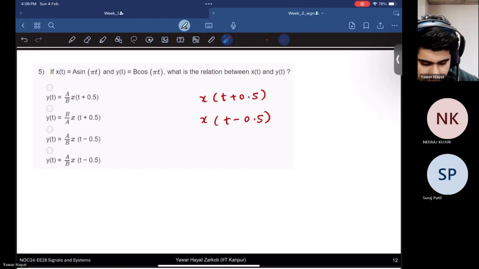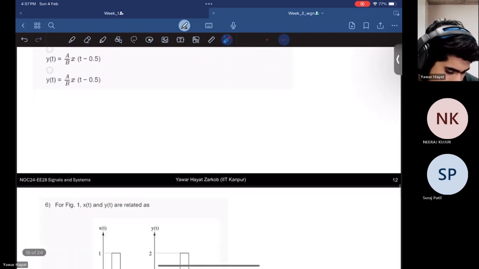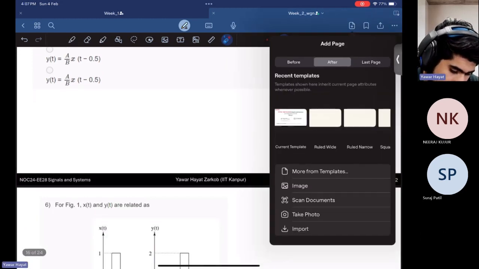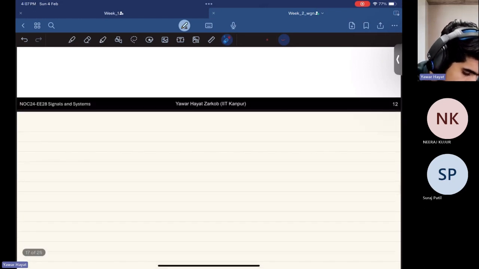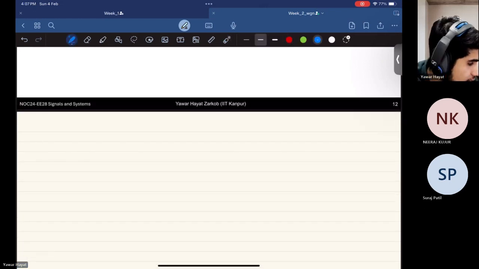And then try to establish a relation of y of t with that. I guess I'll start solving it myself as well. So this is question number 5.